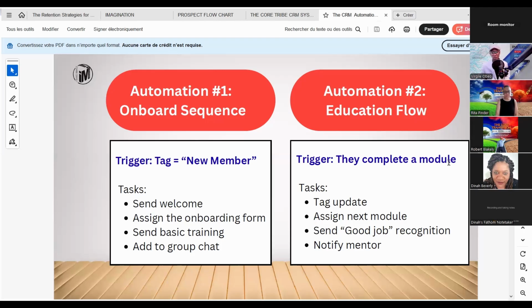Automation 2, education. Right? This is where you start understanding, okay, these are the amount of interaction, or this is the length, the learning curve, the learning chart, the different levels that I need this person to go to be fully educated. Right? For example, in my case, 5 tiers from the newbie to the elite mentor leader.